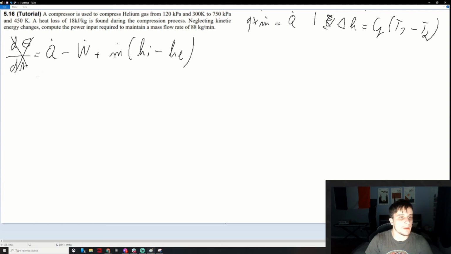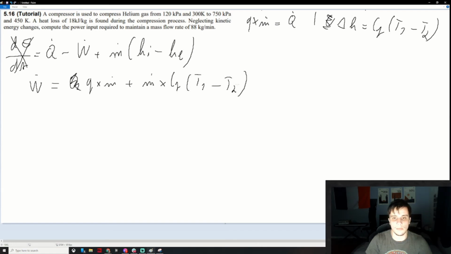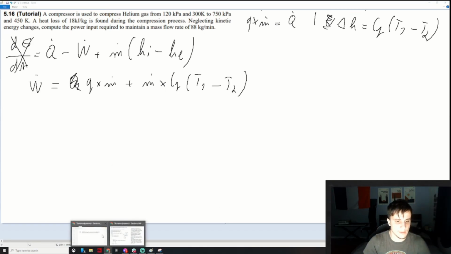Moving on, we'll put W dot on one side, equal to Q dot, or I guess we're going to rewrite that as small q times m dot, plus m dot times Cp times (T1 minus T2). And what do we have? T1 and T2. Yes, Cp. Let's check again if the property table gives it to us.